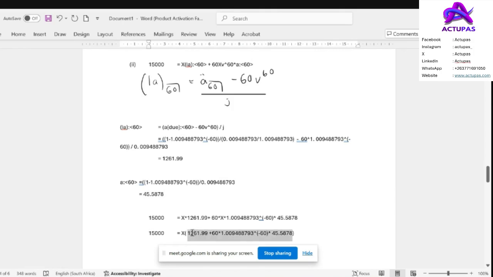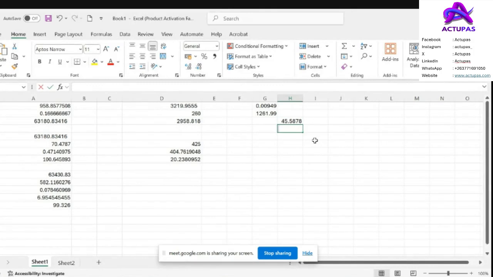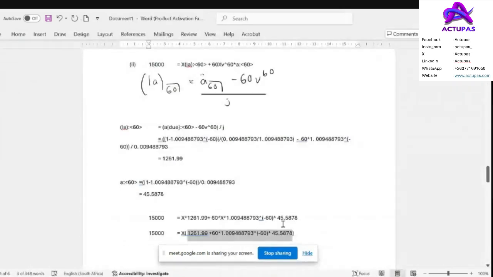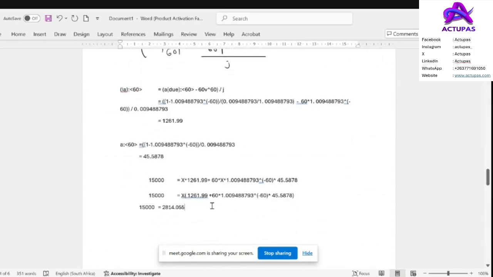So we can copy this one, copy, compute, this is equal to that 2814. So this would be 15,000 is equal to 2814 X. So our X will then be equal to 15,000 divided by 2814.